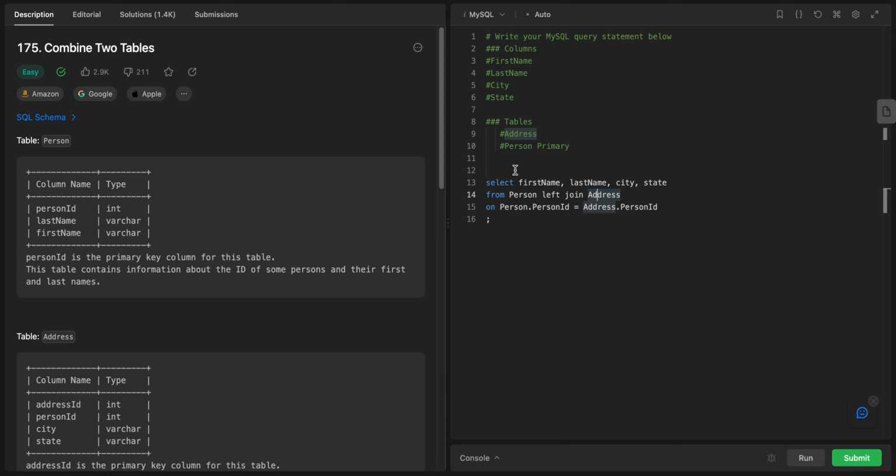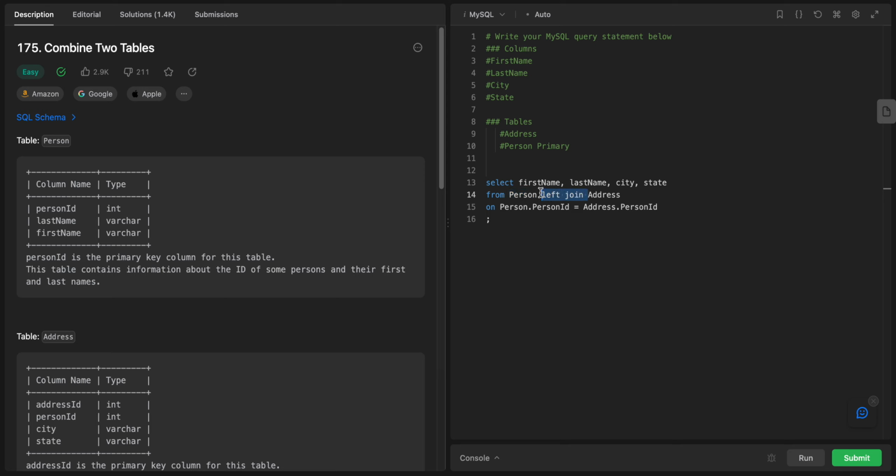So I will make a quick recap of what we did. The select statement specifies the columns to retrieve from the results of the join. In this case, we select the columns first name, last name, city, and state. The from specifies the primary table that we work with. The left join is the important one.